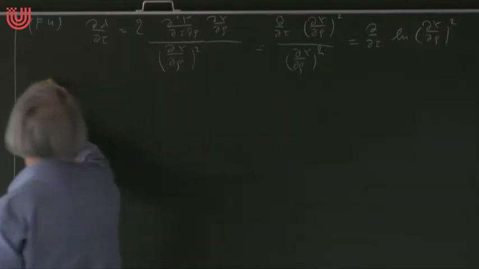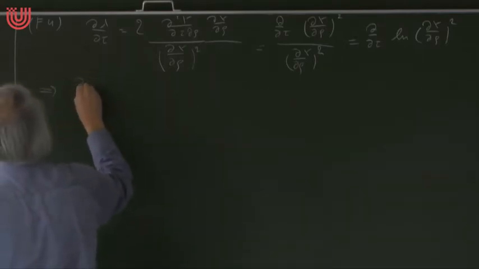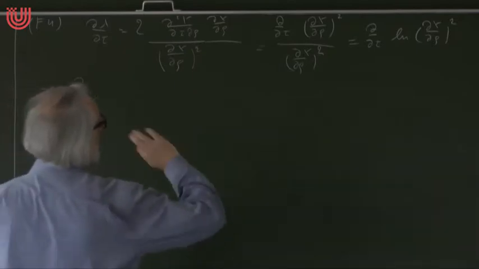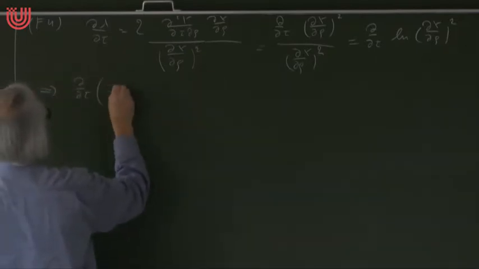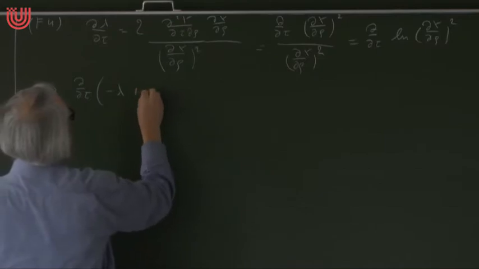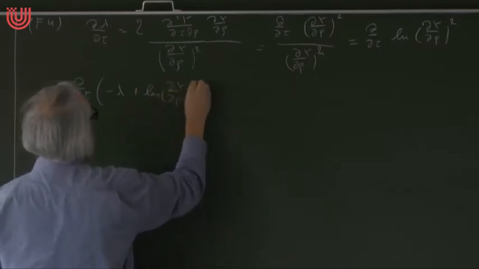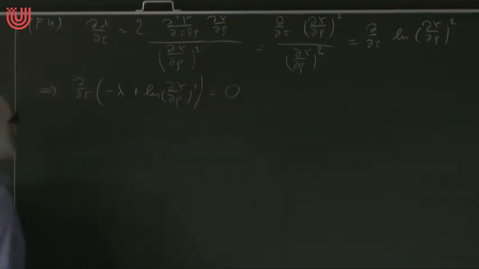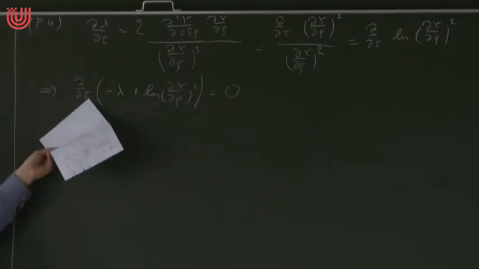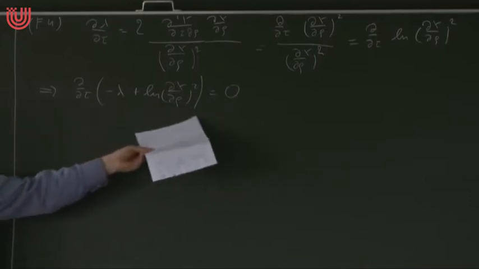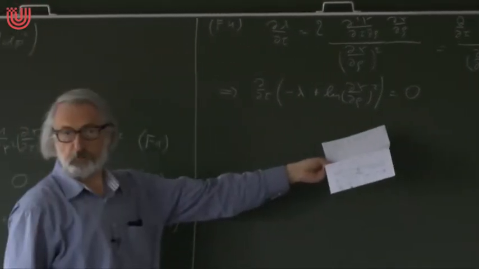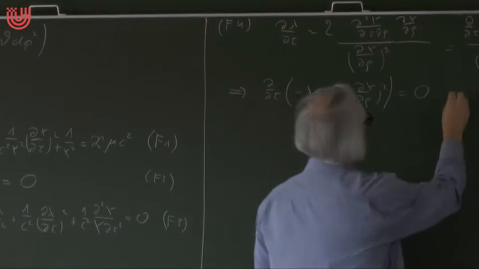So this implies that d by d tau, let me write everything to the right-hand side, then I have minus lambda plus ln dy by d rho squared is 0. Well, and if the derivative with respect to tau is 0, this means that this thing is a function of rho only. Yeah, rho and tau are our coordinates.